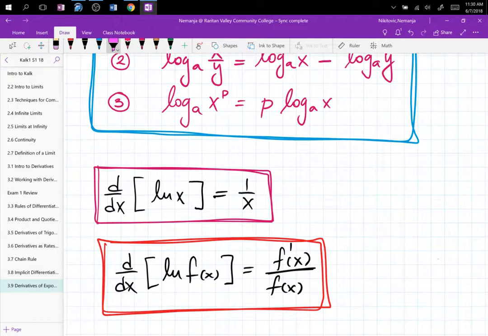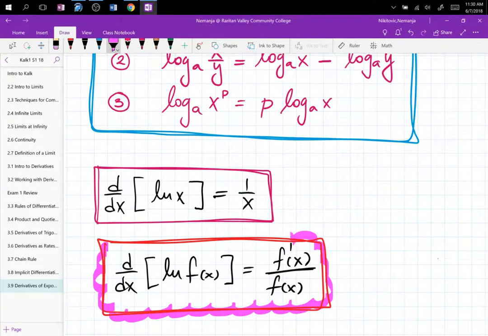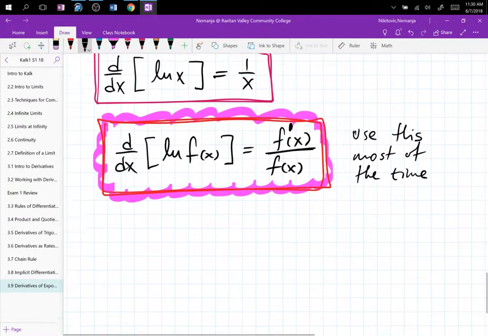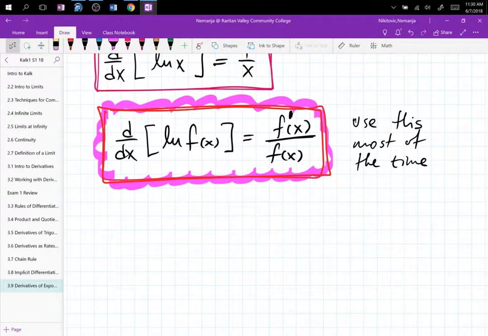So this is the formula. Need to make sure you see this prime over here. So this is the formula that you will be using most of the time. Like 99% of the time, that's the formula.